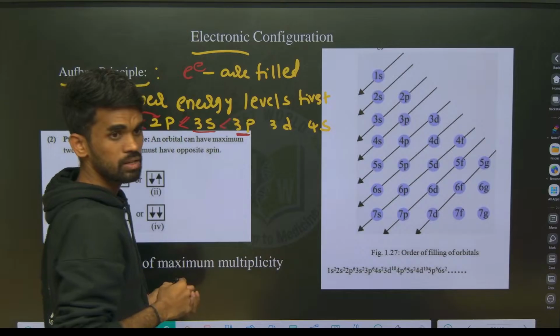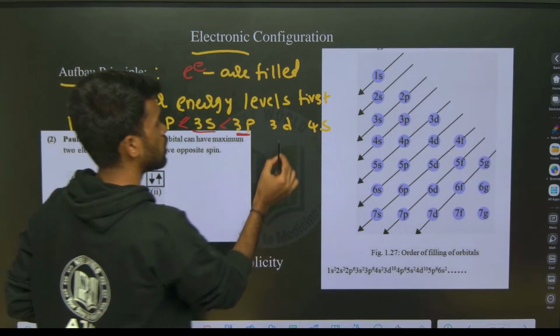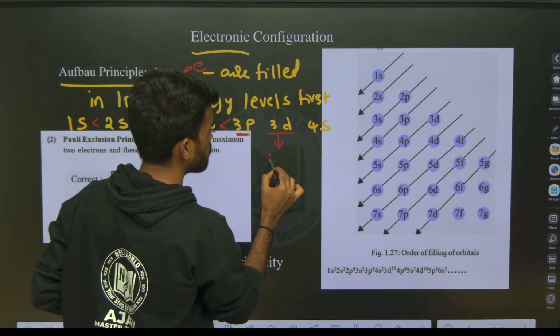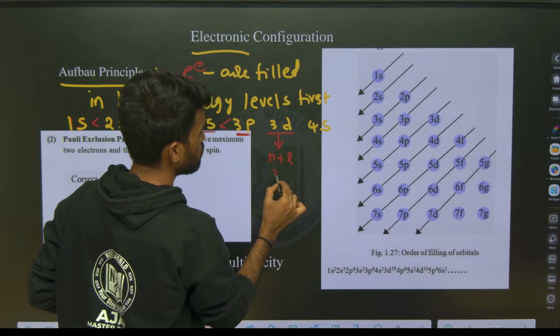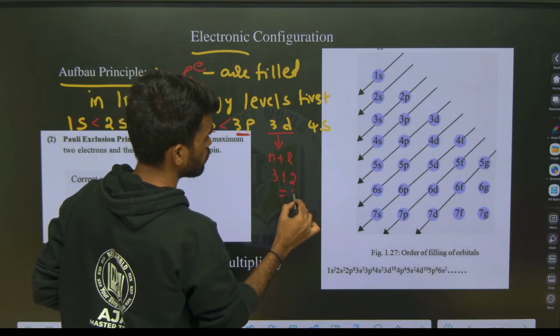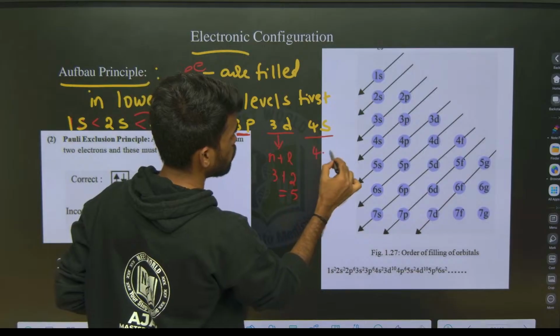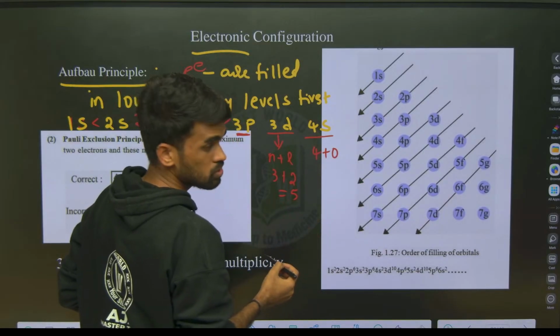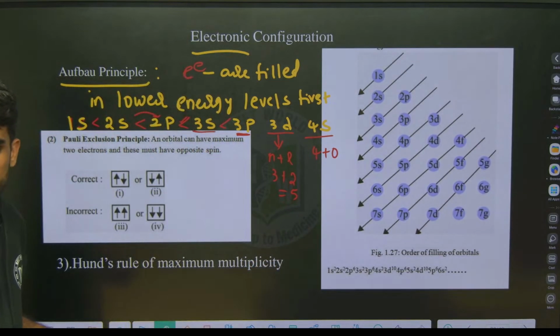After 3p, look at the value of n plus l here. 3d gives 3 plus 2, which is 5, and 4s gives 4 plus 0, which is 4. Which is the smaller number? 4s.